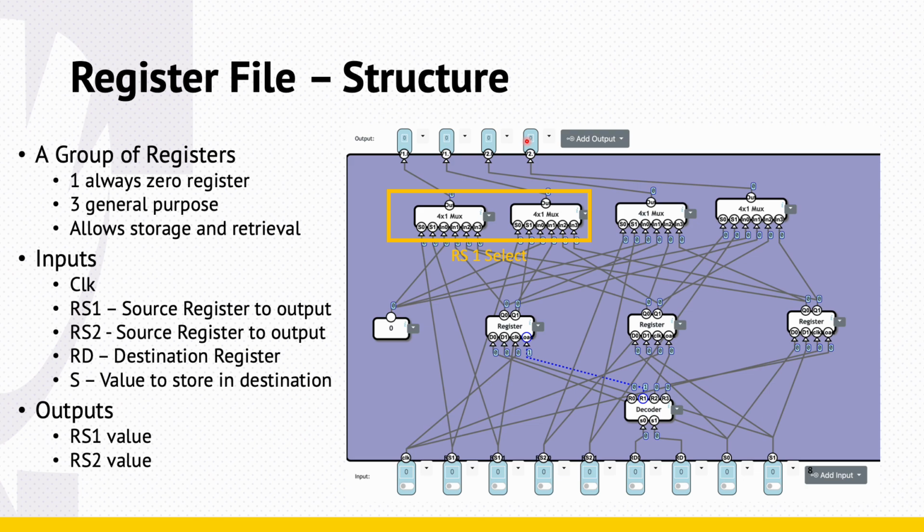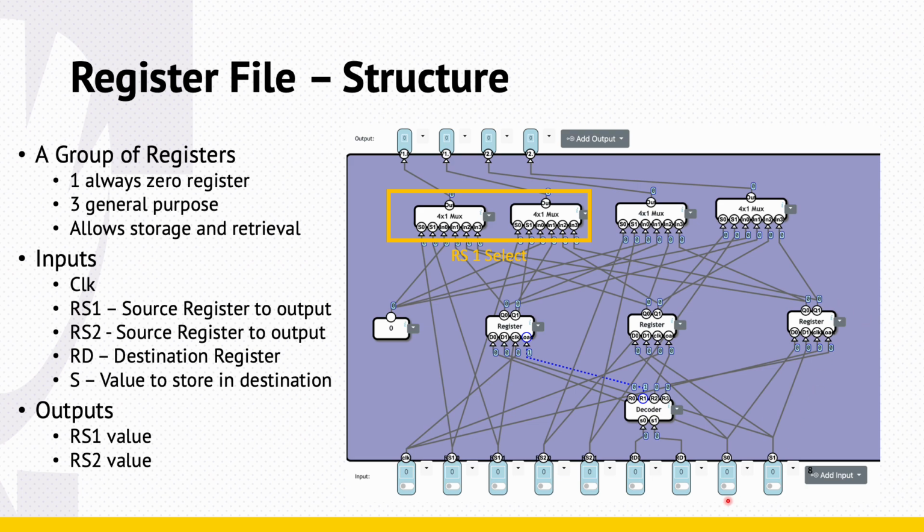So all this is actually doing is giving us the ability to choose between one of these 4 registers to be RS1, one of these 4 registers to be RS2, and to select which one of these we want to store the incoming value in. So if I want to store a value in, say, register 3, then I pass a 1, 1 into this decoder, which will turn on the load bit of this register.